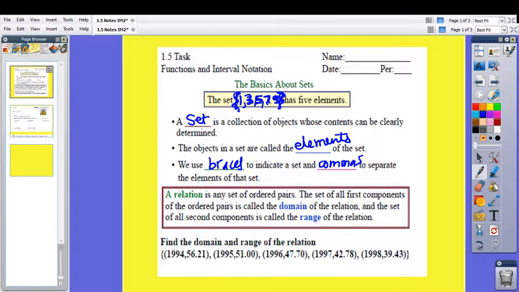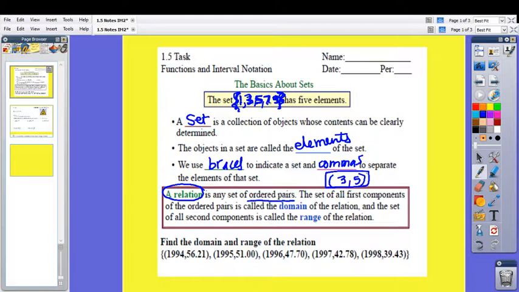Now a relation is also a set, but it's a set of ordered pairs. Ordered pair means where you have two numbers, so let's say 3 and 5. So this is one ordered pair. So when you have a set of ordered pairs, you call it a relation.